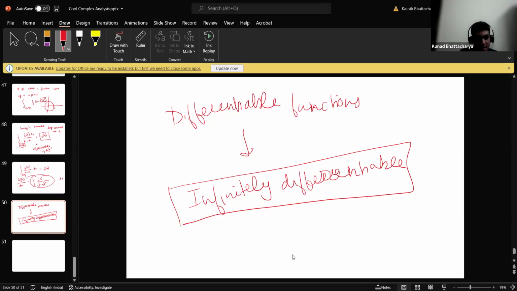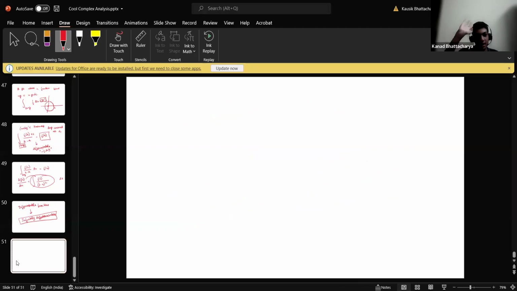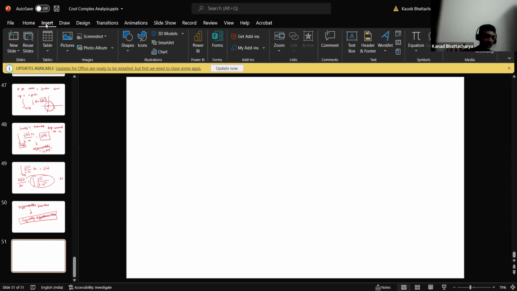And finally, this is some really cool thing that I like to point out. As I had said at the beginning of the class, there is a really nice connection between analytic functions and electrostatics.